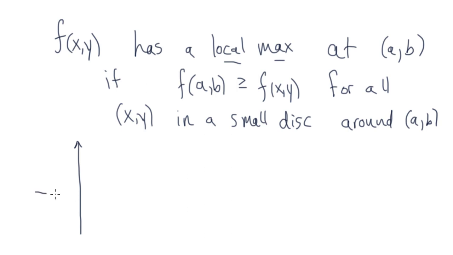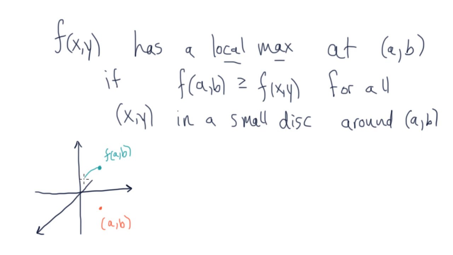Try to sketch this out. So here's our three-dimensional space, and let's say we have our point (a, b) here. Then if we have a local max, what's going on is we're really looking at the top of a mountain. So here's f of (a, b) up here.